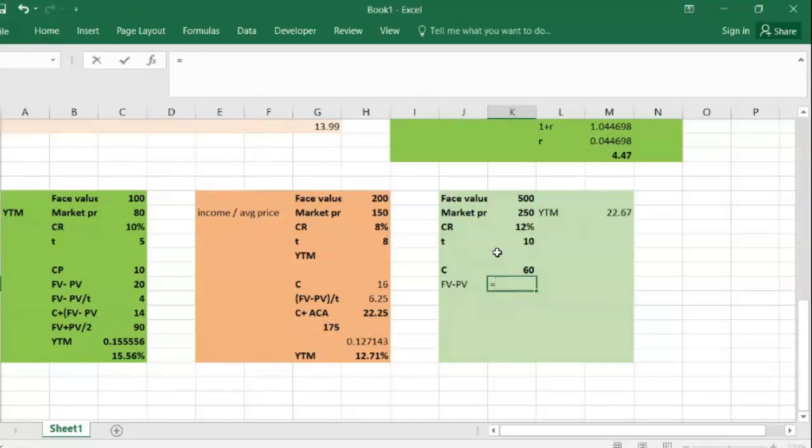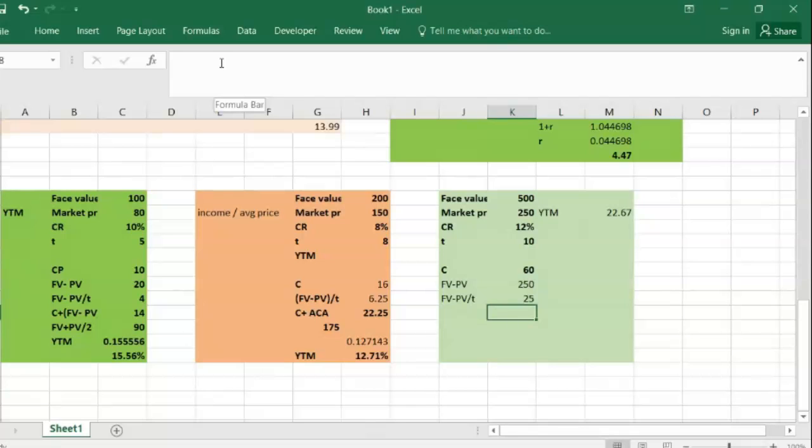The face value of the instrument is 500 rupees minus 250, the market price. Next, face value minus present value divided by T, the number of years, 10 years, is 25 rupees.